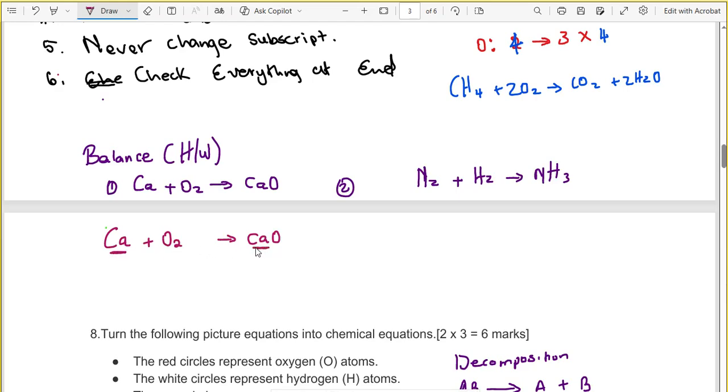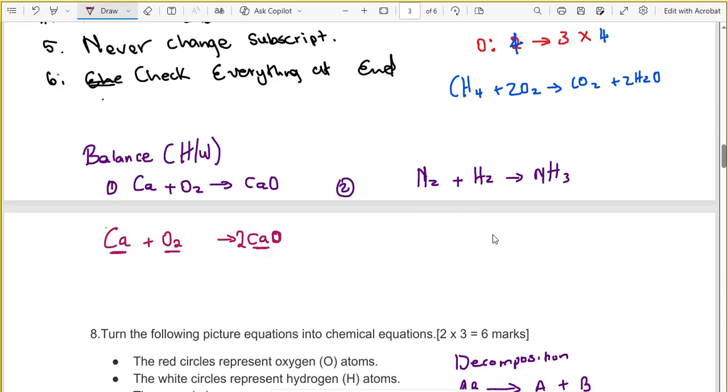There's also one on the product, and we can confirm this is balanced for calcium. But for oxygen, there's 2 in the reactants, meaning that if there's only one in the product, we need to put 2 in front of that molecule.